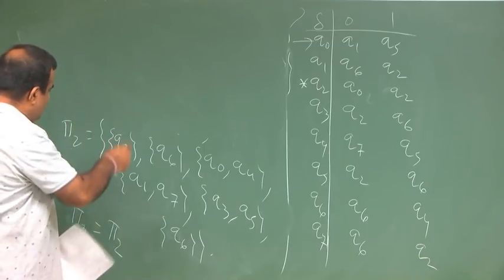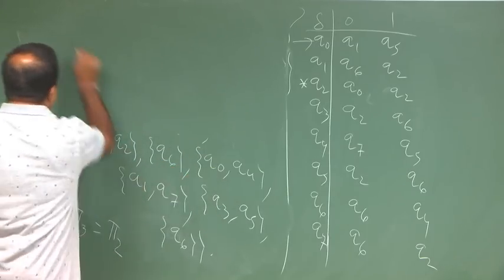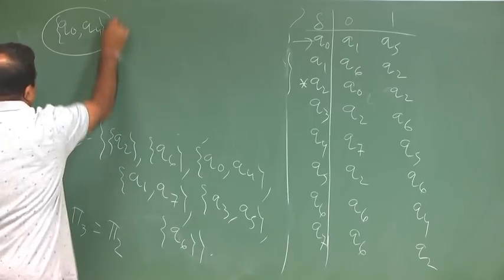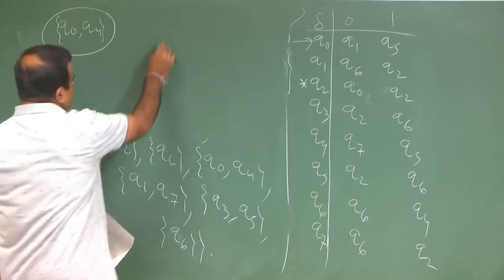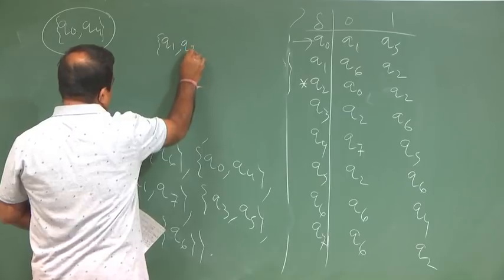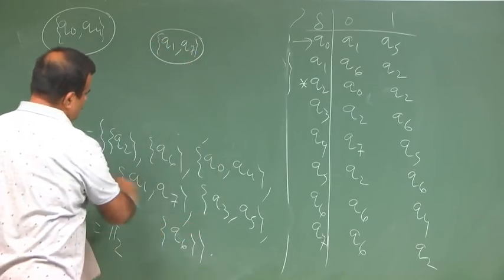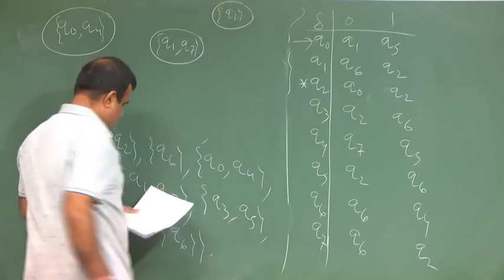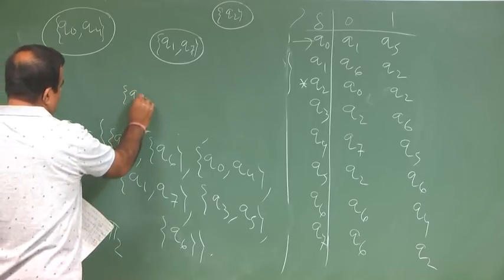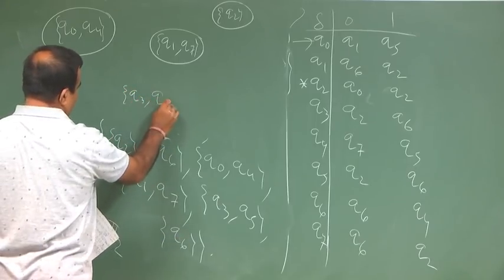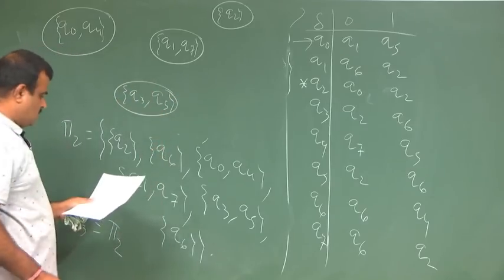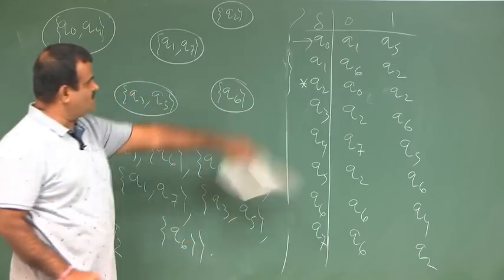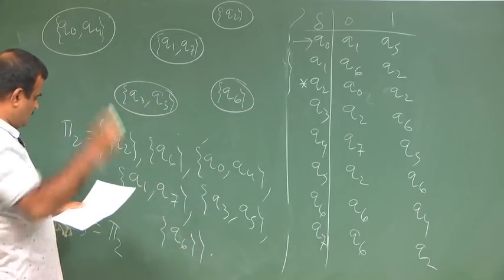If we collapse these states, we will have a state q0, q4, we can combine this, this is one state, and then q1, q7 is another state, and then q2 is another state, and then q3, q5, these two states are collapsing, and then we have q6. These are the 5 states. There are 8 states, it reduced to 5 states, and then we can have the arcs.